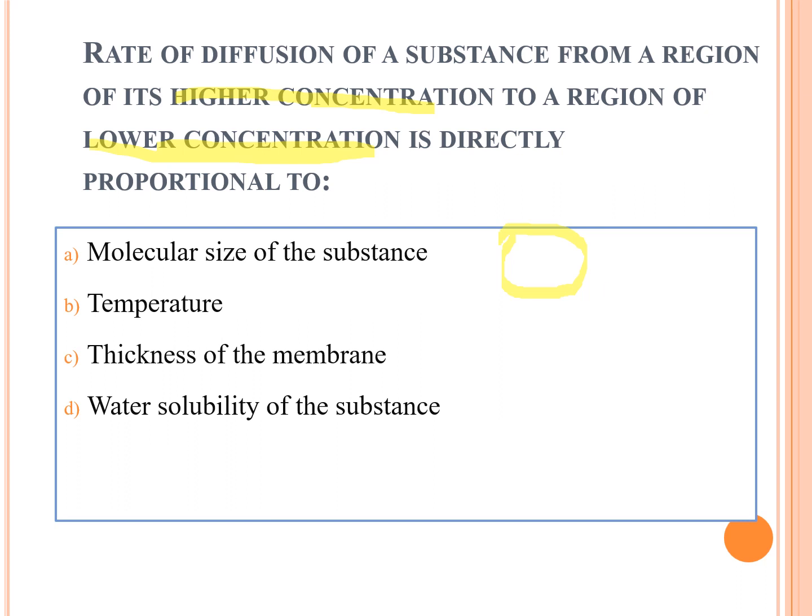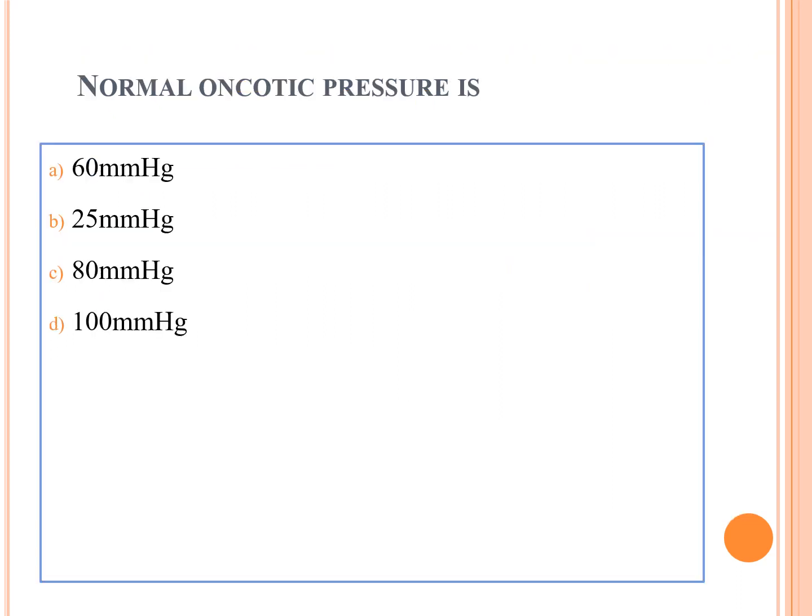If the thickness of the membrane is more, then diffusion will be less. The water soluble substances will not have much rate of diffusion, but the temperature, I told you, is directly proportional to the rate of diffusion. So the answer here is temperature.